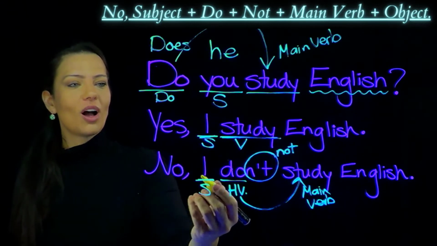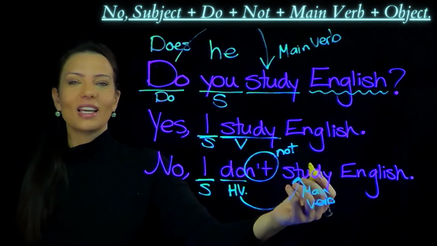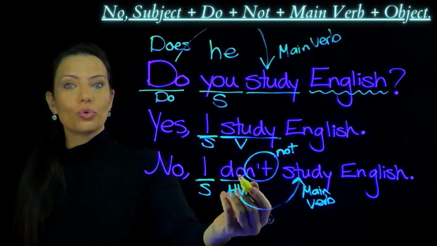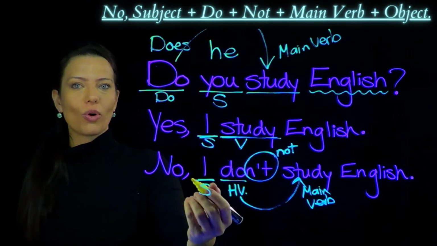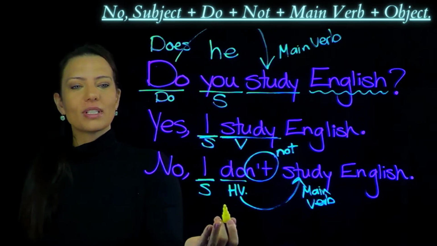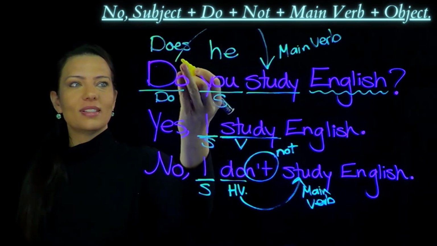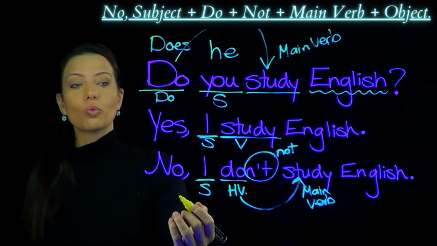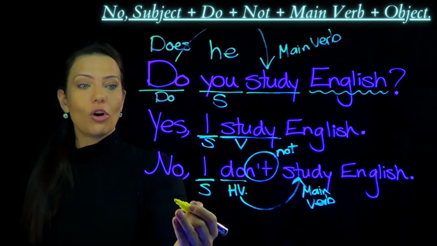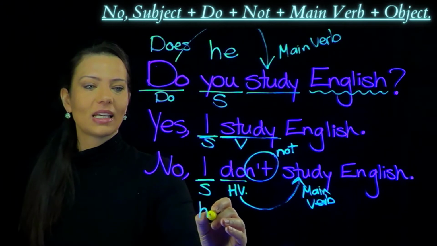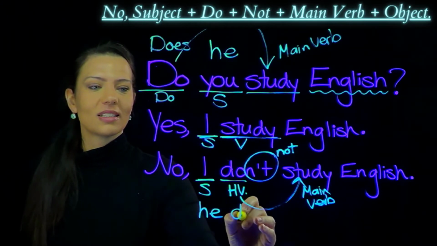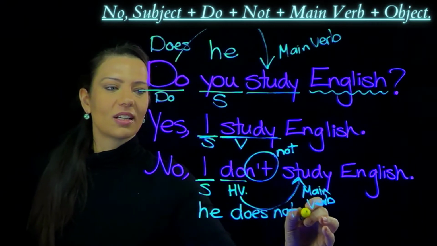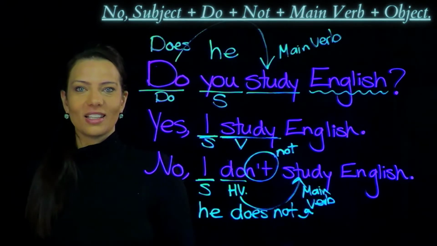So no, I don't study English. Now again, the helping verb do is going to change for the subject. So for example, if the question was, does he study English? Then the answer would be, in this case, no, he does not study English.